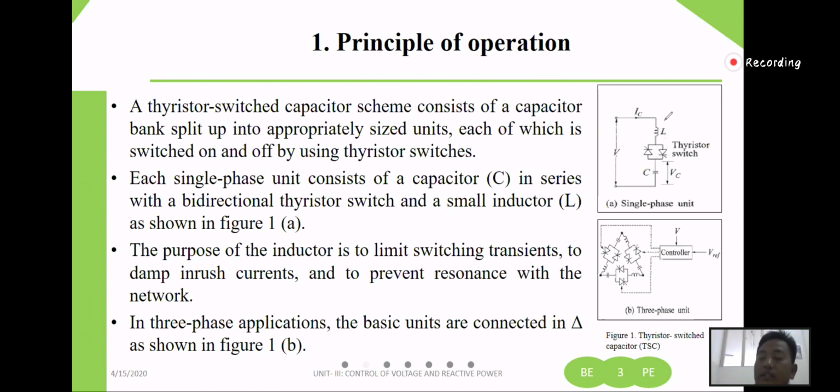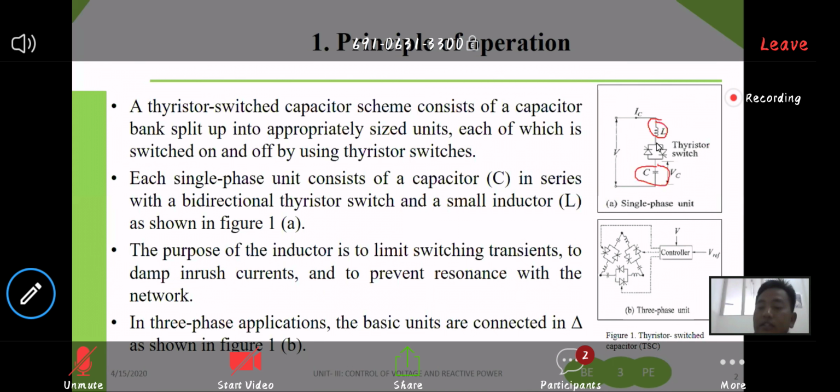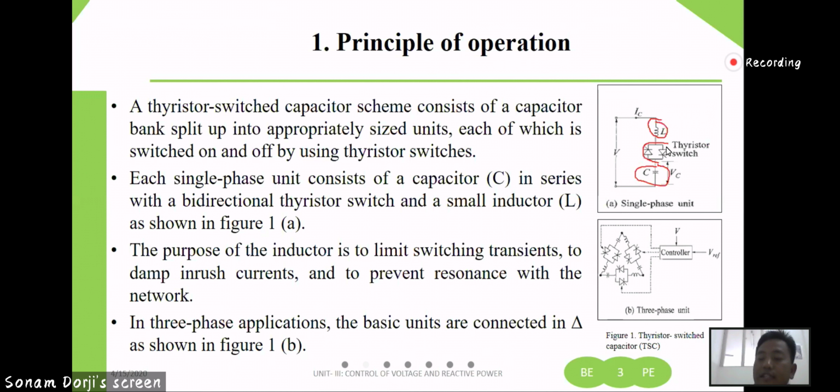Why there is extra inductance, we will see later on. For now the basic construction is a capacitor and a switch, that switch being a thyristor, and an inductor connected in series. This is a single phase circuit, and it works the same as a TCR.